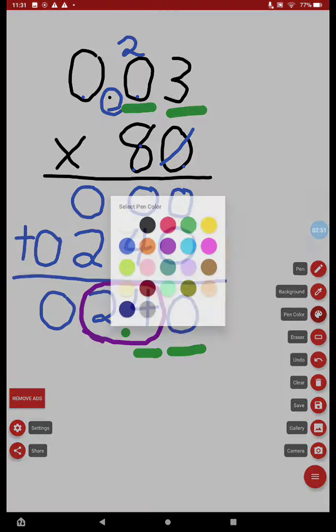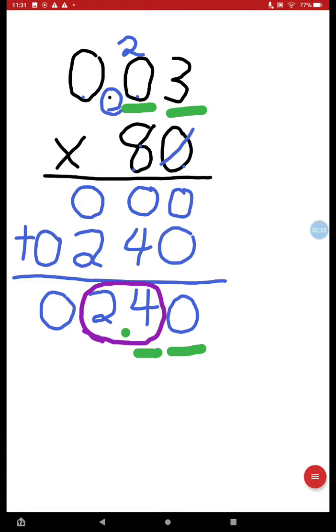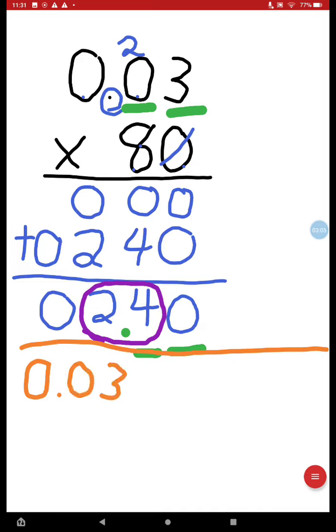So down here, let me change colors. And let's look at the initial problem. It said 0 and 3 hundredths times 80. This is the same problem, just looking at it in a new way.